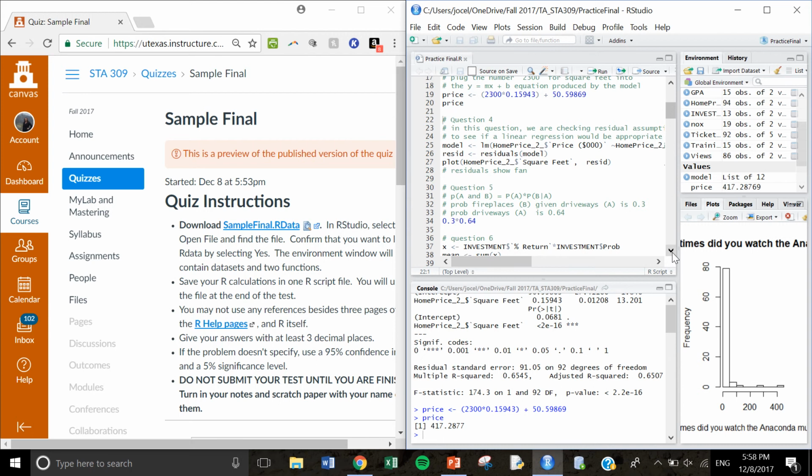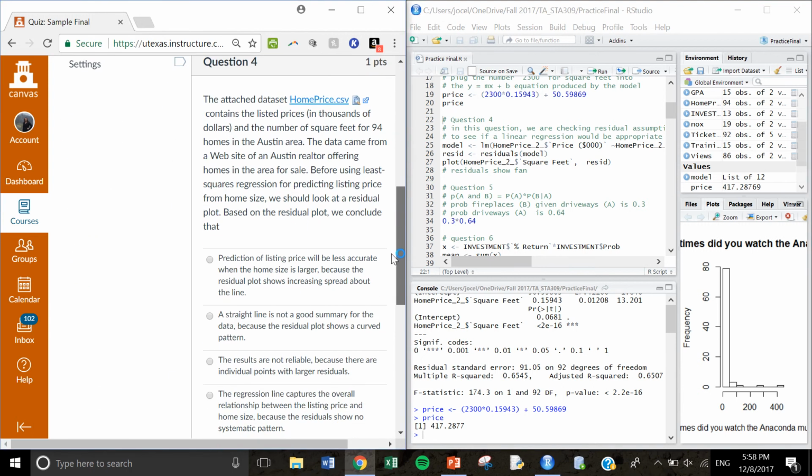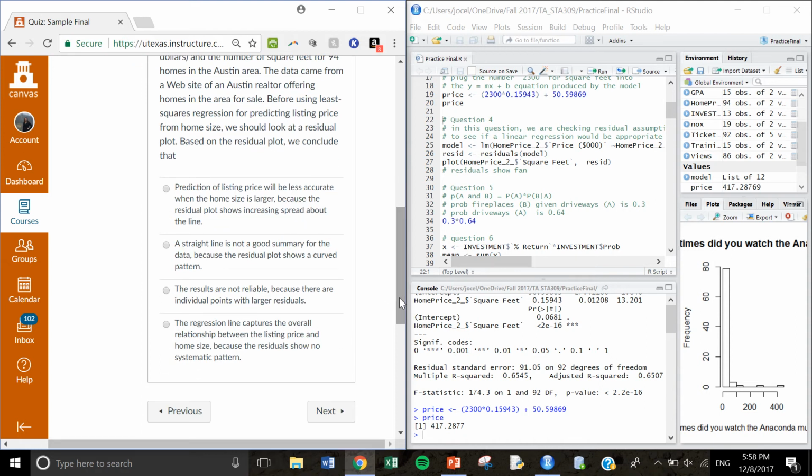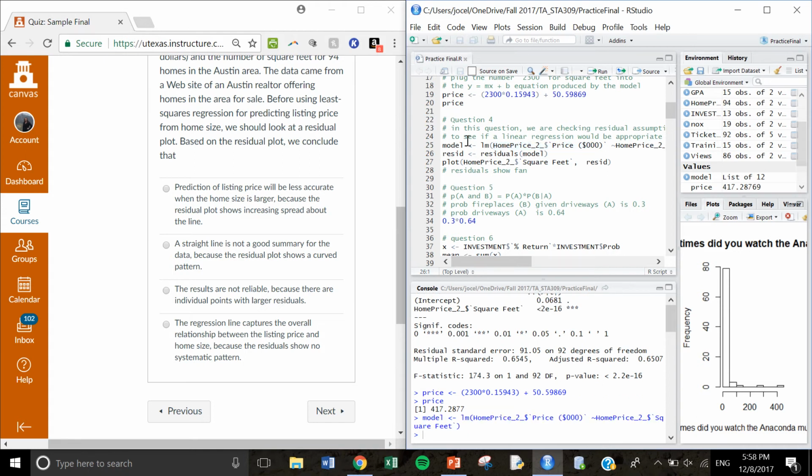In question 4, it is about this same home price data set, but now we're seeing whether the residual plot means that the assumptions are checked. A lot of people don't remember how to do this. In order to make the residual plot, we have to do that same LM function that we just did, home price with the LM with Y in terms of X. So I ran that same line of code we just did in question 3.